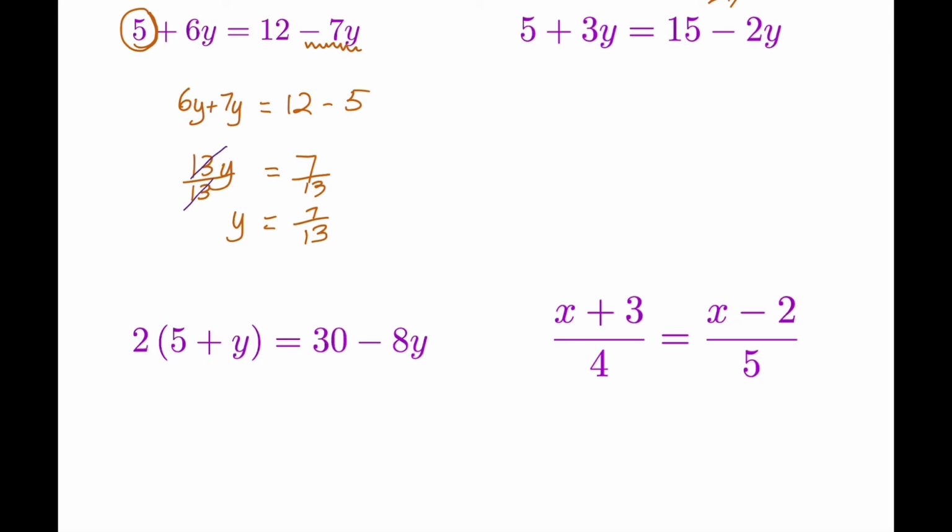Keep moving, same method, moving the unknowns to one side, like the negative one, to the other side so it becomes positive, and then numbers on the other side. So 3y plus 2y, because it was negative here, and then 15, nothing to move, and this 5 is positive here, so if you move it, it's negative. So 15 minus 5, 10. 3y plus 2y, 3 plus 2 is 5, 5y, and 5y means 5 times y.